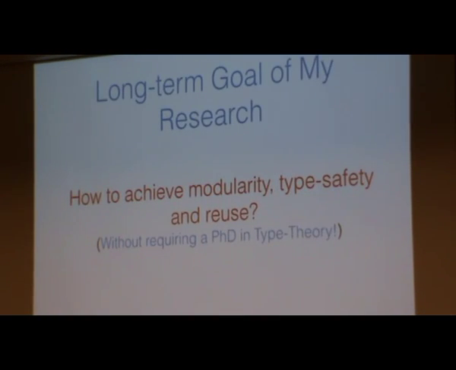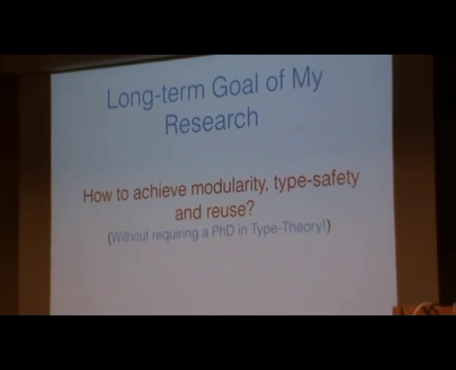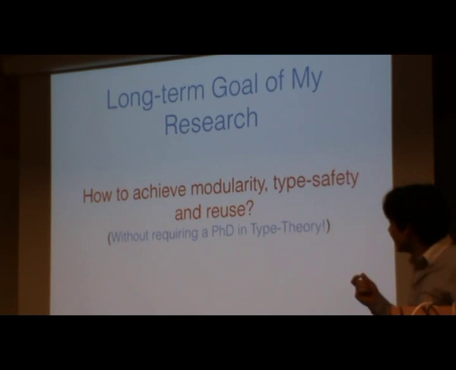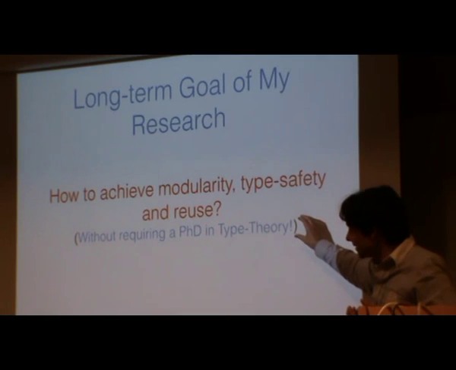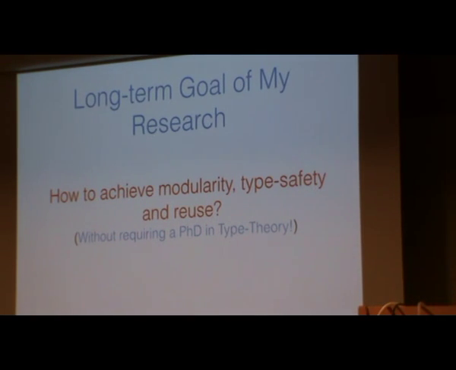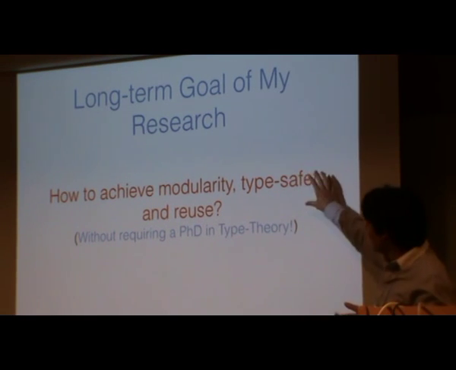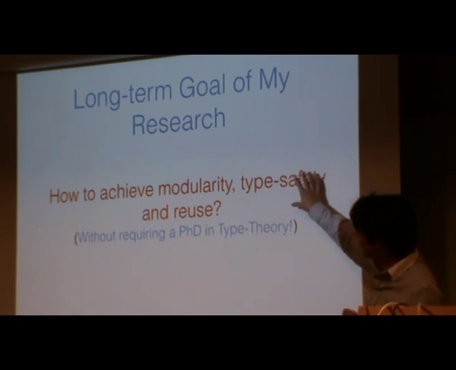So this is my long-term goal in terms of research. How can I achieve modularity, type safety, and reuse? I want to answer this question, but I also want to do it in a particular way. I don't want people to need a PhD in type theory to be able to do this. Actually, I think at the moment we already know kind of how to answer this question.